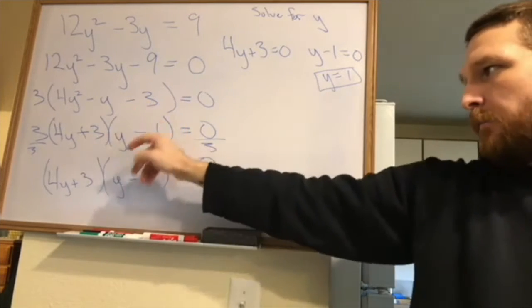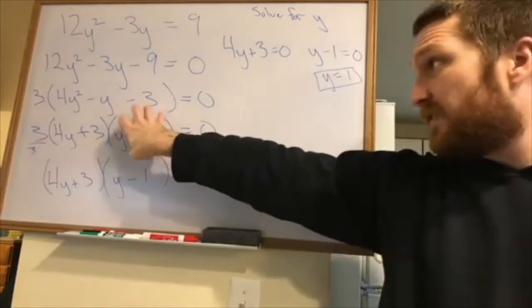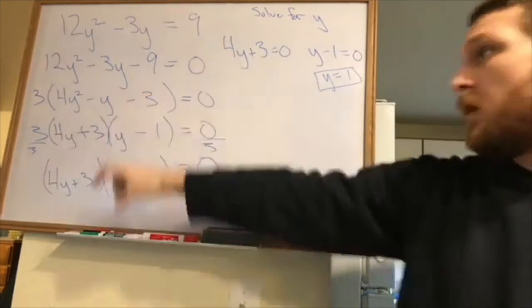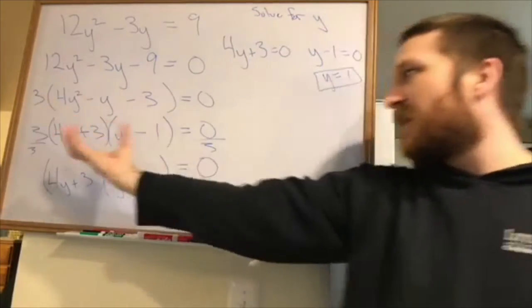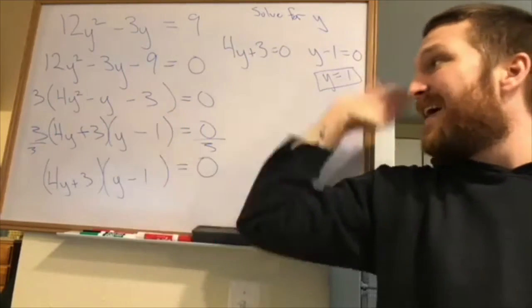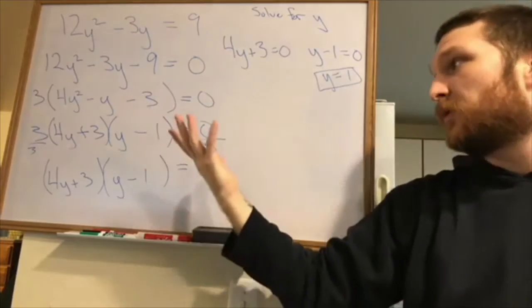That will be 0, and I'll have a 0 times something else. Who cares what all that other stuff is? This number will be 0. Everything there is going to go to 0 and it will give me a true equation.